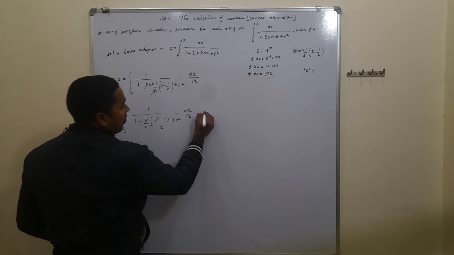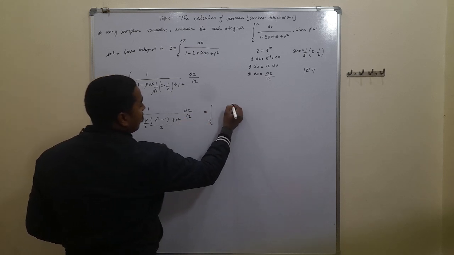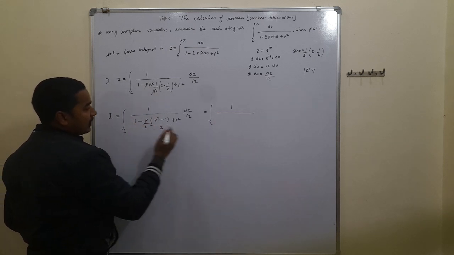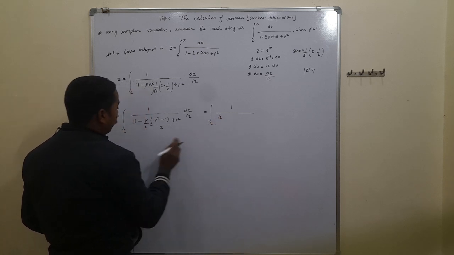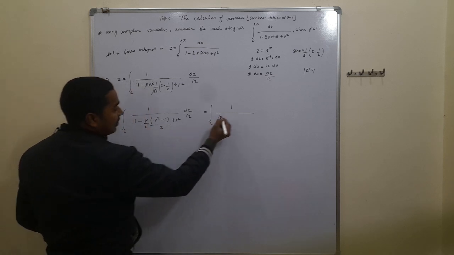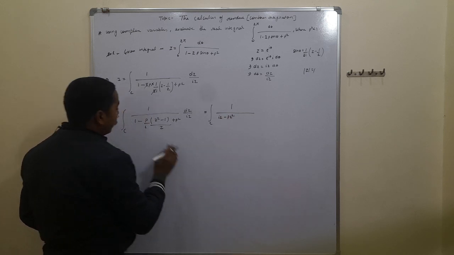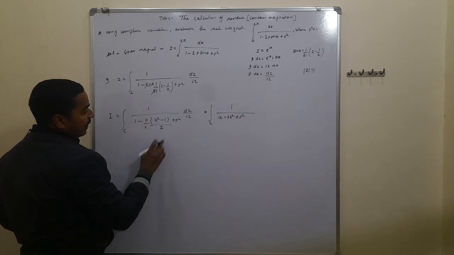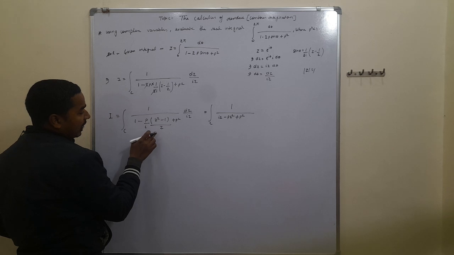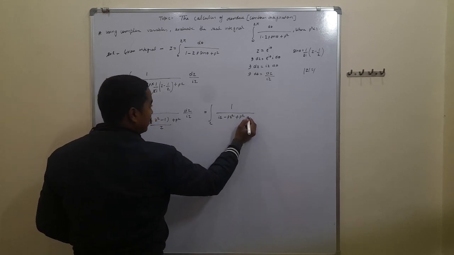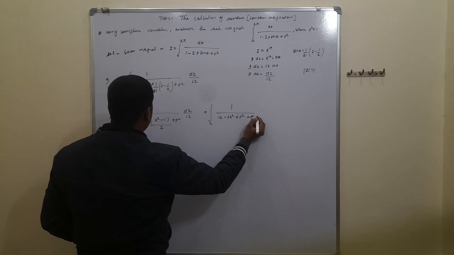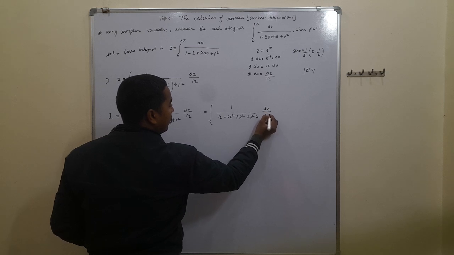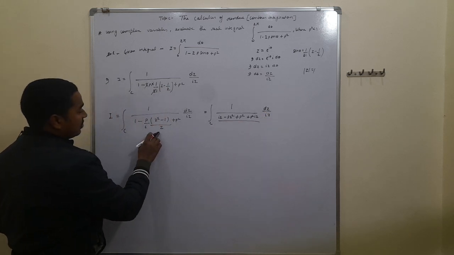Further we have to solve the closed integral 1 upon, taking LCM, iz multiplied with 1, that is iz, and from here minus p z square, and plus p square multiplying with iz, that is plus p square iz, and dz upon iz.